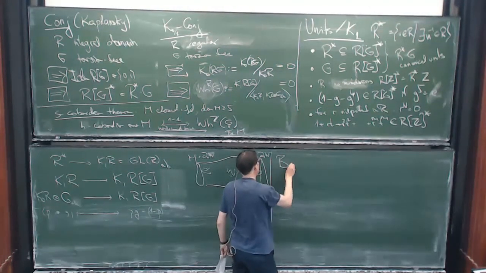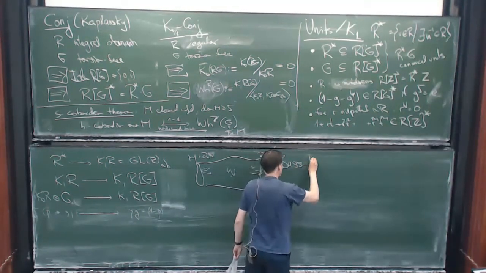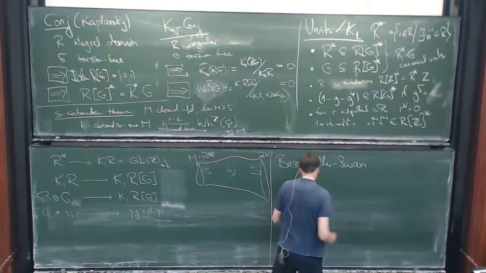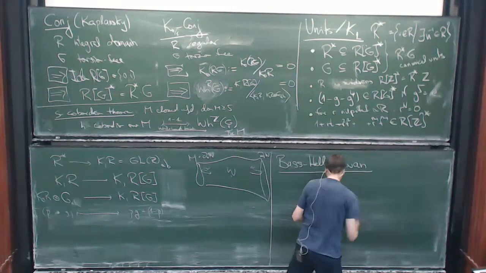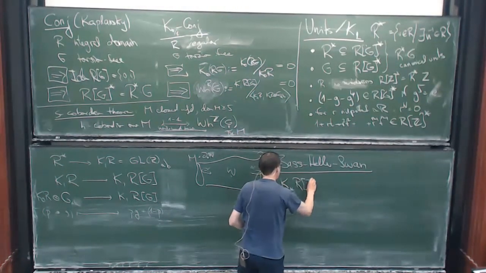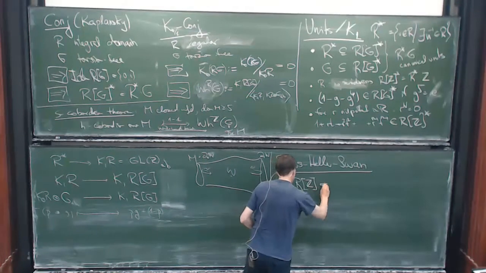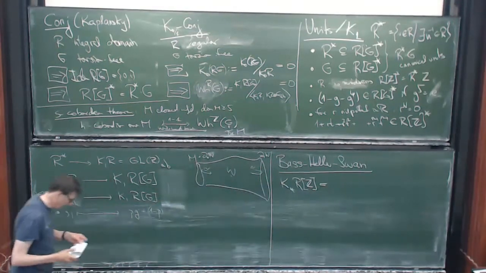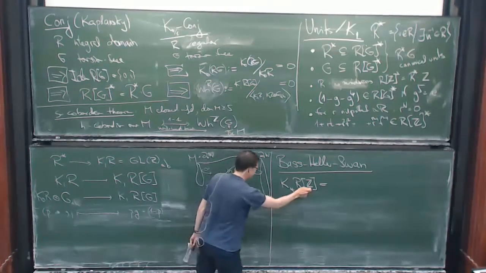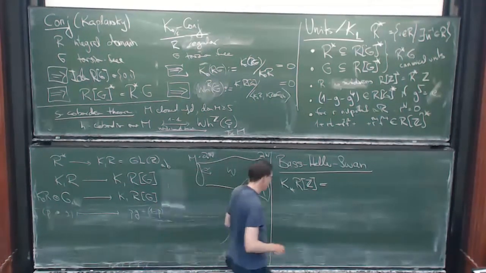Then I want to state the Bass-Heller-Swan theorem, which tells us that we know a lot about the group ring over the infinite cyclic group.